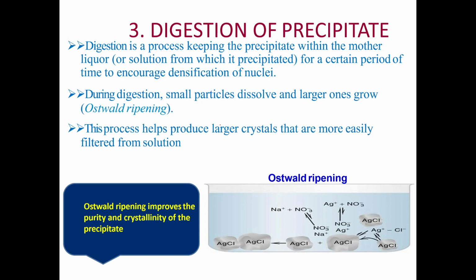So Ostwald ripening improves the purity and crystallinity of the precipitate, because small particles are hard to filter. So how do we collect these particles? By using Ostwald ripening, the particles dissolve back into the solution and then produce another precipitate with a size bigger than before.